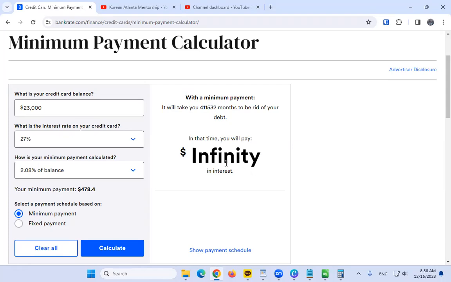Okay, but whatever. So you just put some numbers in the minimum payment calculator, and then you can give yourself scenarios to practice with. And here's the other thing too. This is an estimate, right? So this isn't going to predict your situation because every single bank is different.